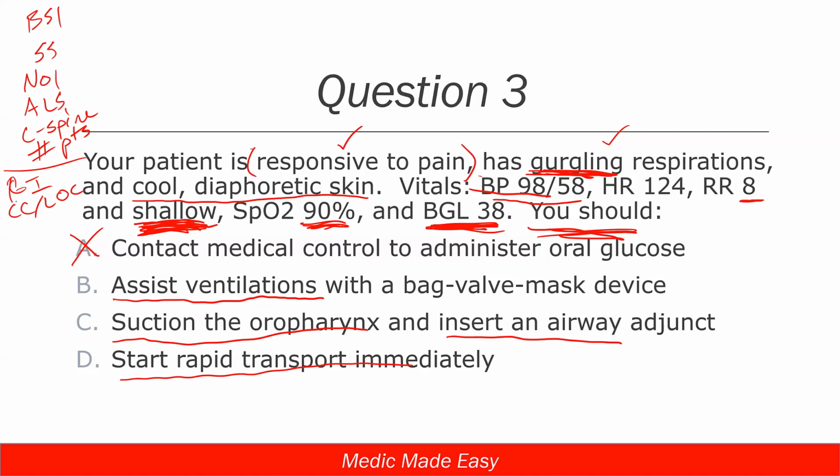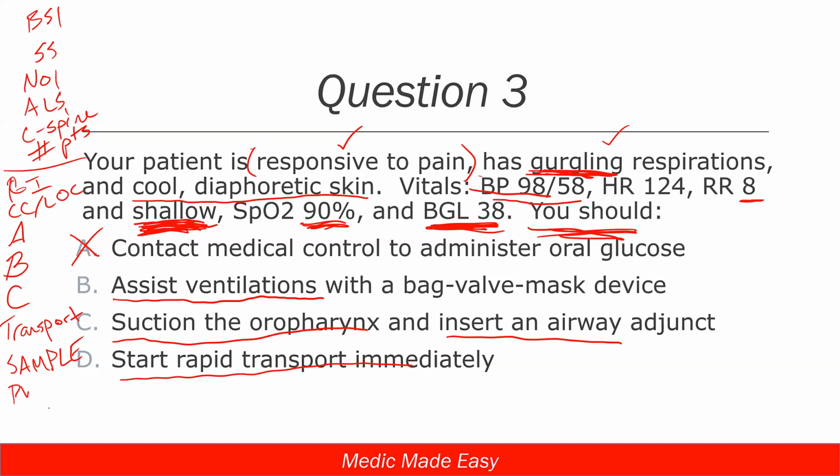So general impression, then our chief complaint and level of consciousness, and then we're going to assess and deal with the airway. Then we're going to assess and deal with breathing. Then we're going to assess and deal with circulation. And then we're going to make our transport decision. Then we're going to do our SAMPLE medical history and our OPQRST questions.